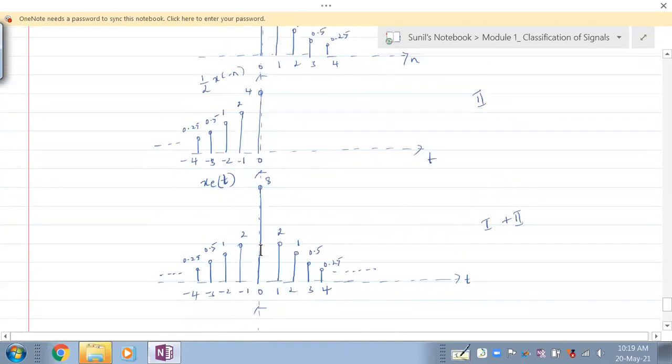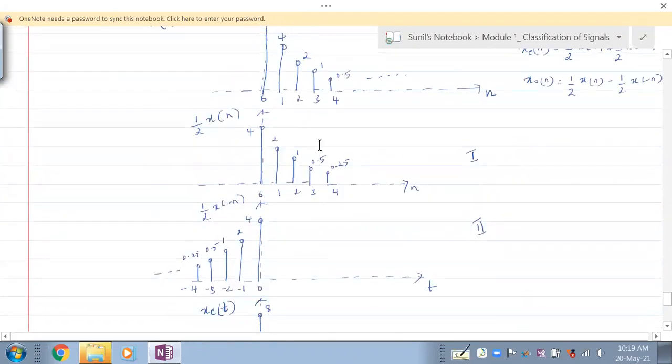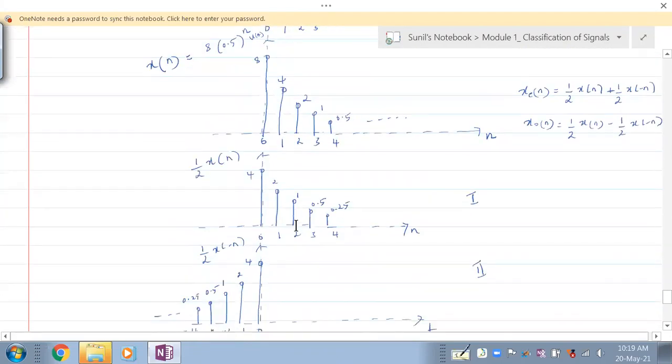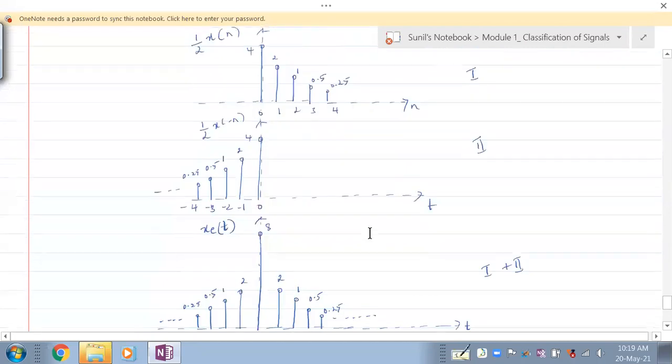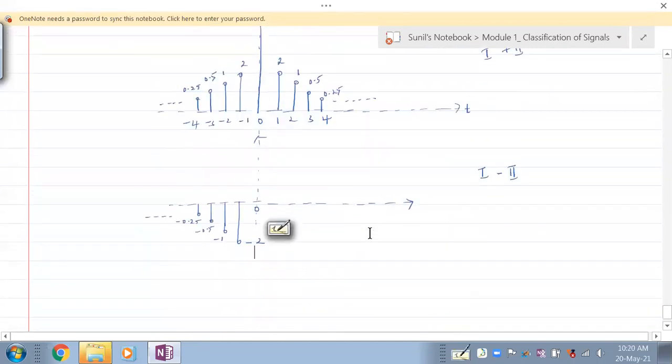And what is happening on the right hand side of these two signals? In the first signal you have these samples 2, 1, 0.5, 0.25, and on the right hand side of the second signal you don't have anything. So these samples minus 0 would give you the same samples. Okay, so on the right hand side you will have these.